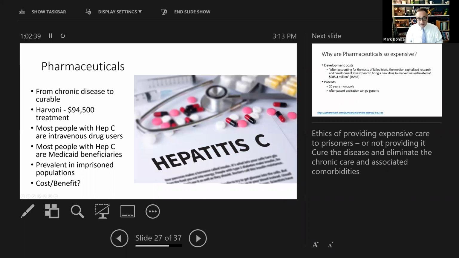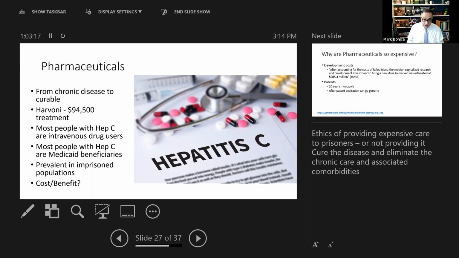Another example that I have talked about in class is hepatitis C. Hepatitis C is a dangerous disease. Similar to HIV, it is transmitted through blood transmission. So men who have sex with men and intravenous drug users that share needles are most likely to contract hepatitis C. So we see a high rate of hepatitis C in our homeless population because many of the homeless are also drug users.